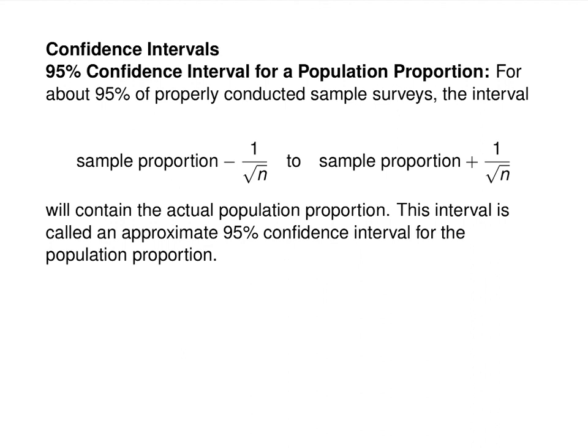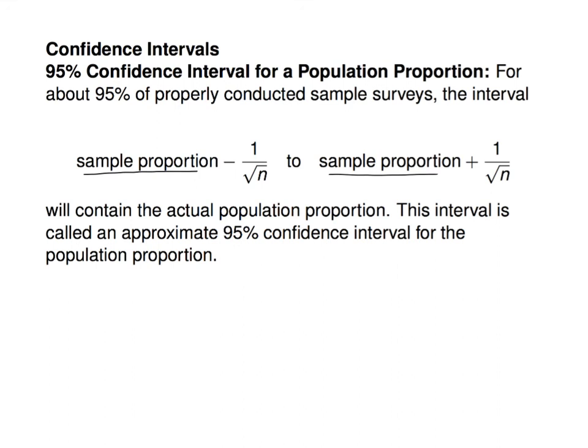And what we're going to do with this margin of error is find a thing called a confidence interval. So we have this thing called a 95% confidence interval for a population proportion. For about 95% of properly conducted sample surveys, the interval found by taking your sample proportion minus 1 over root n to your sample proportion plus 1 over root n will contain the actual proportion.